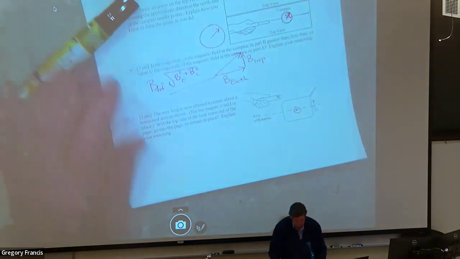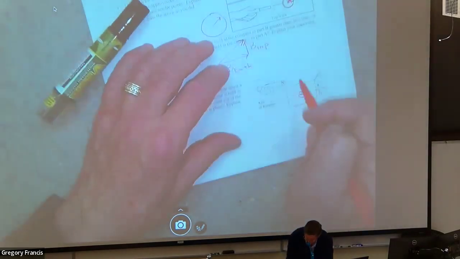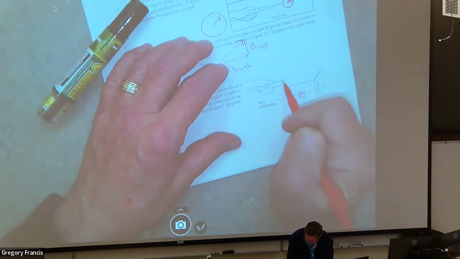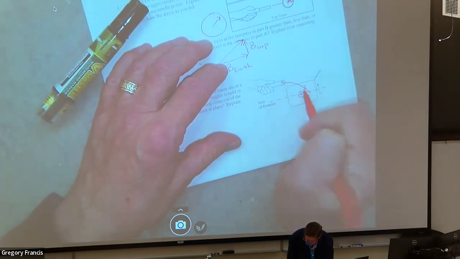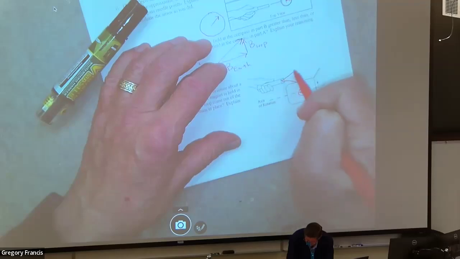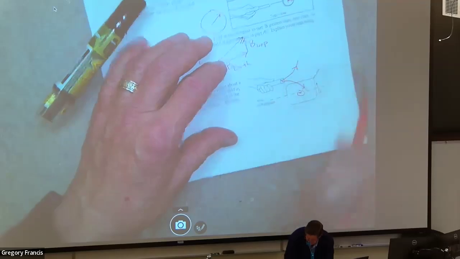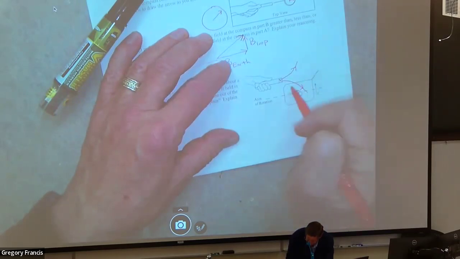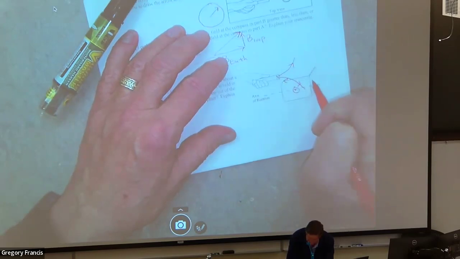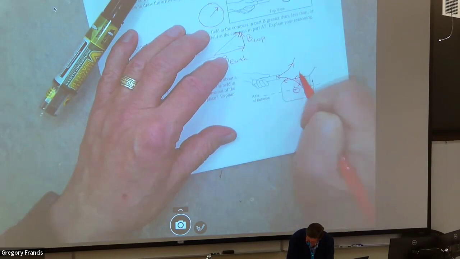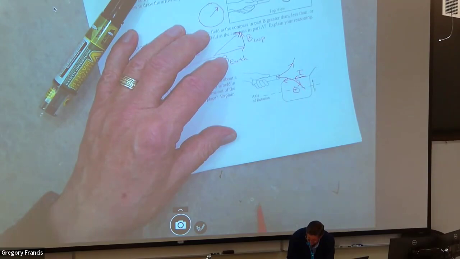Now, another way of doing that is to say, well, the magnetic field lines come out of the north and then spread apart. And so if the current comes up this side, it's going to the left on this wire that's closest to the magnet.